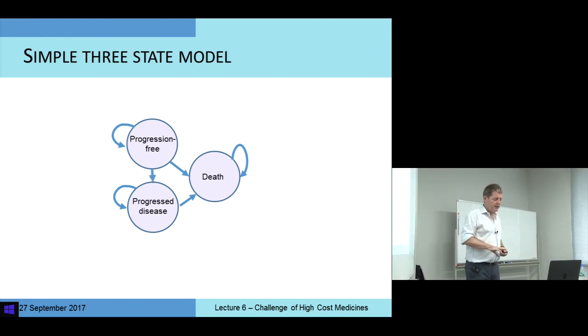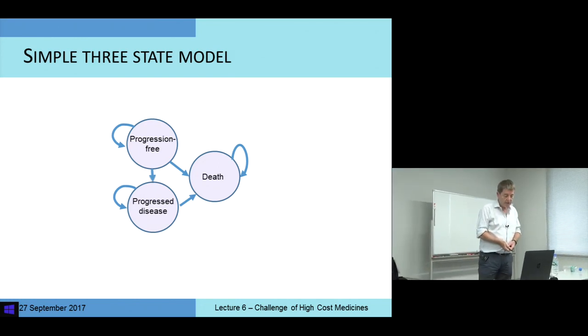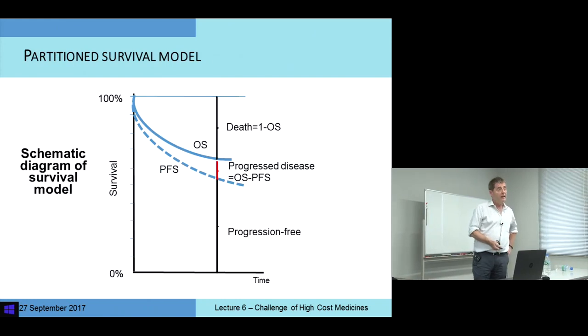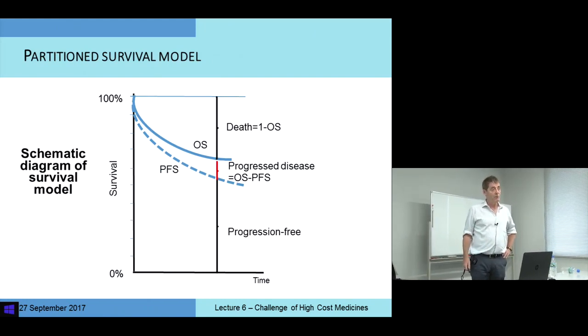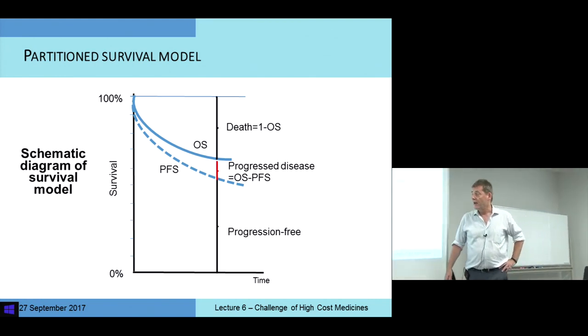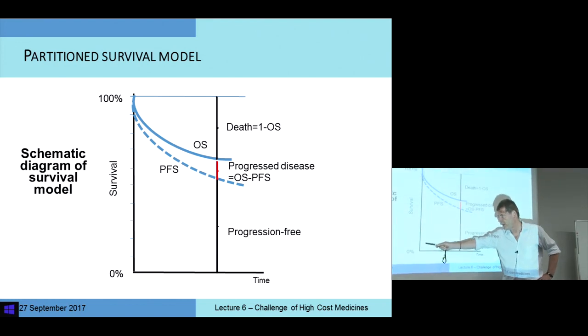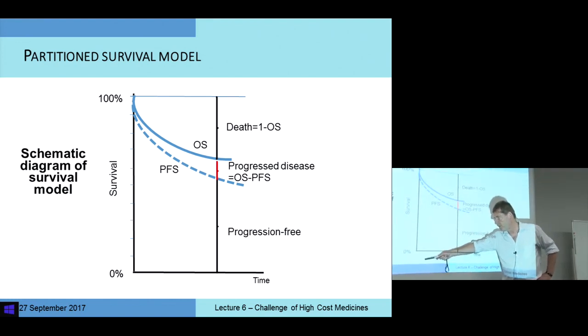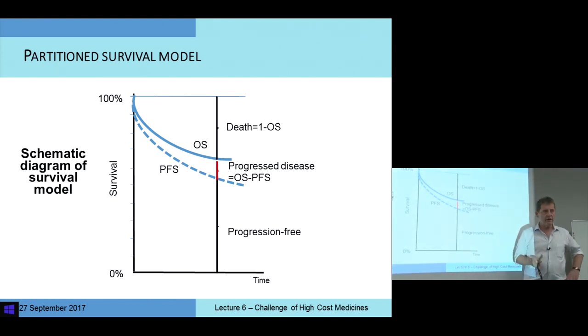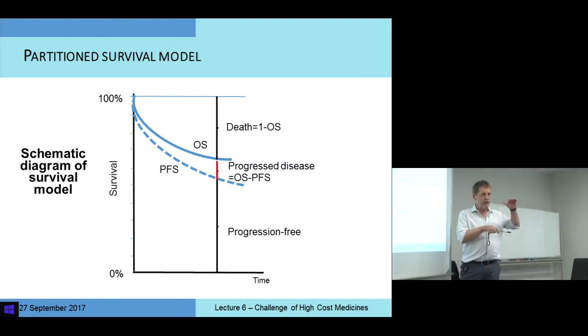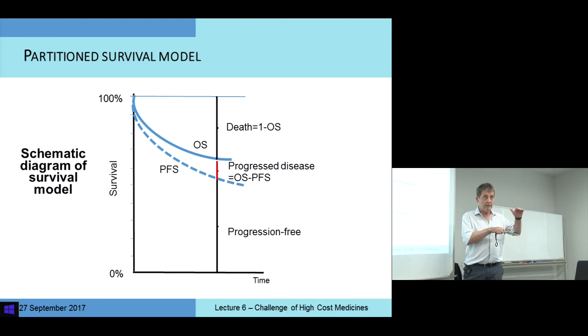However, in recent years, for cancer therapies, and certainly for all of these non-small cell lung cancer, they've used something called a partition survival model. And what you do in a partition survival model is at different points in time, so it could be every week or every month, you ask of our patients how many are dead, how many are still progression free, and how many have progressed disease.